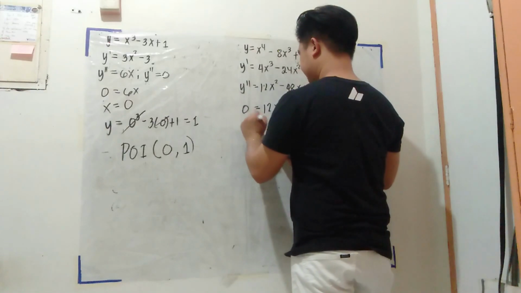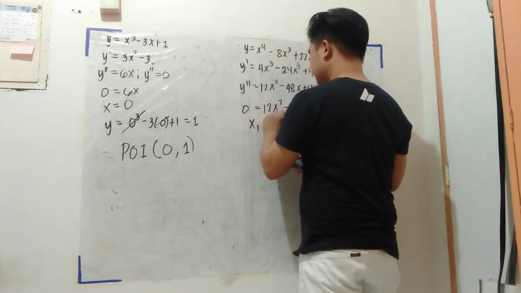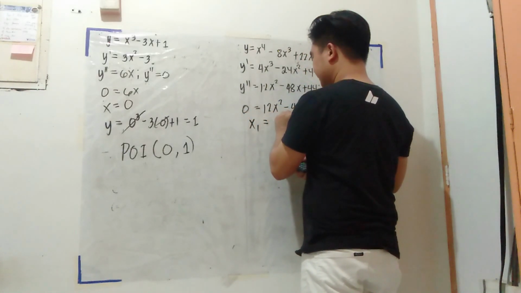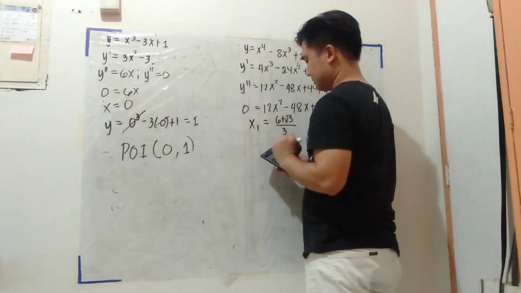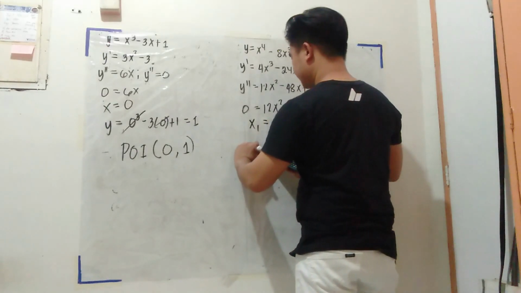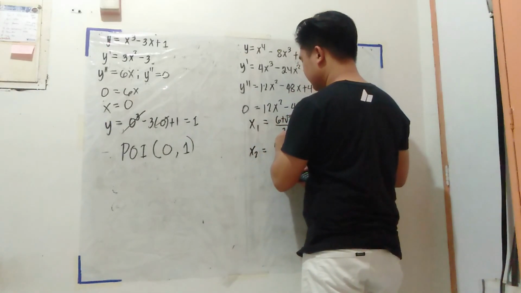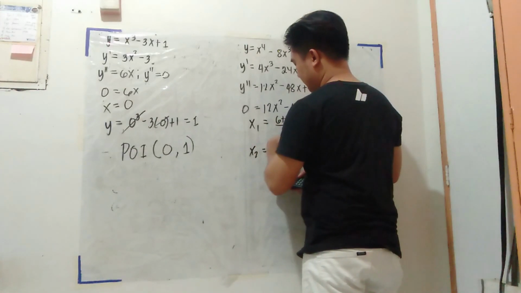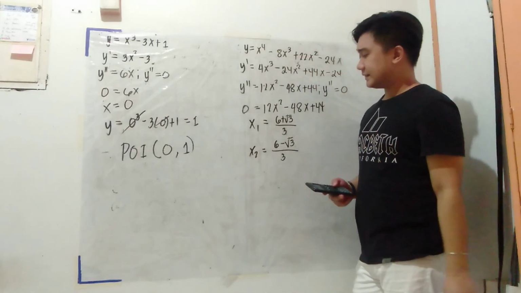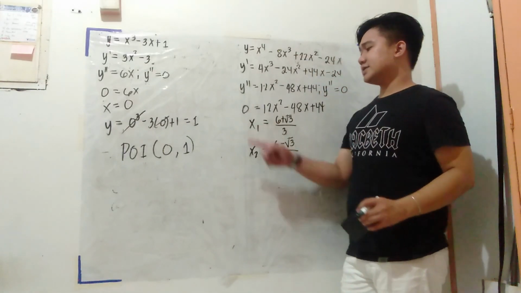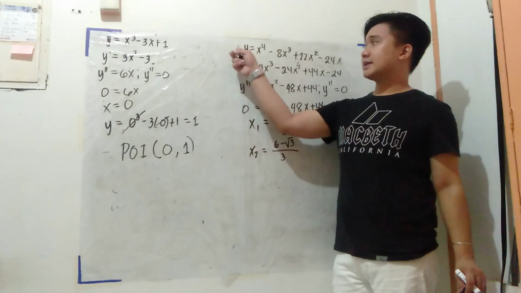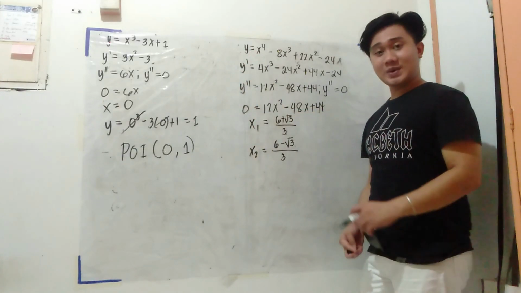So, x1 is equal to (6 plus square root of 3) all over 3. X2 is equal to (6 minus square root of 3) all over 3. And then, itong values ng x na to, siyang ipapasok natin dito sa original equation natin.